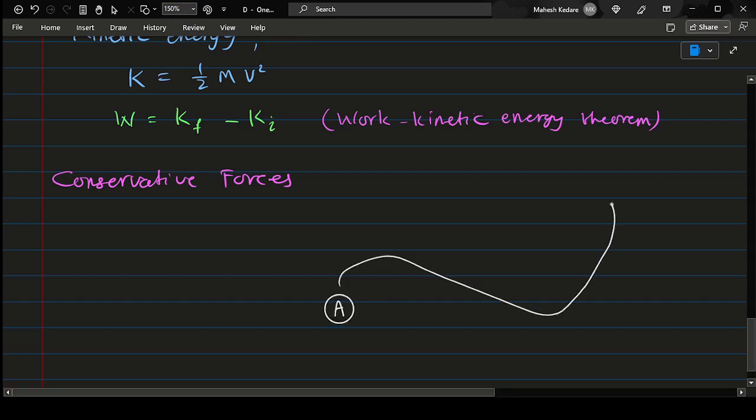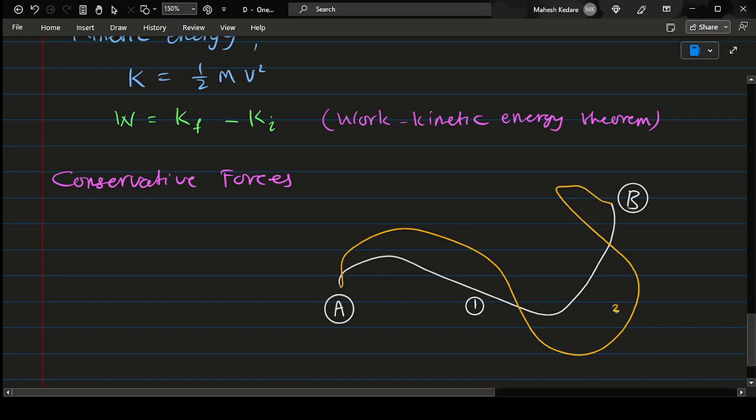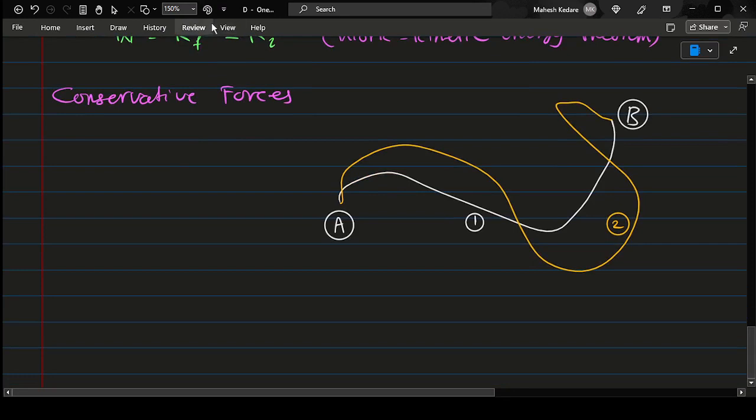So, for conservative forces, again we suppose the two positions between which the particle moves, position A, and it moves to the position B along the path number 1. Several paths are possible between the two positions. I take another path connecting the two positions, say this is the path number 2. And these are any two paths connecting the two positions.